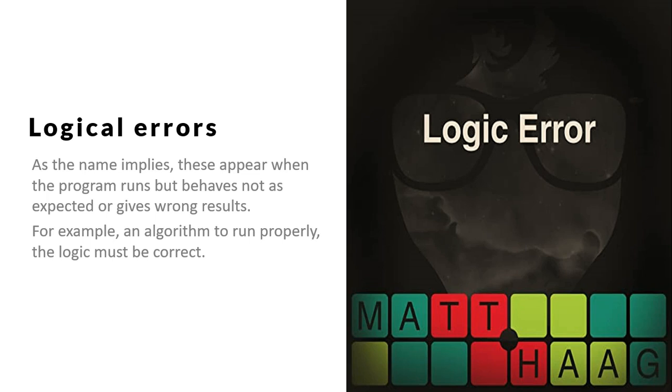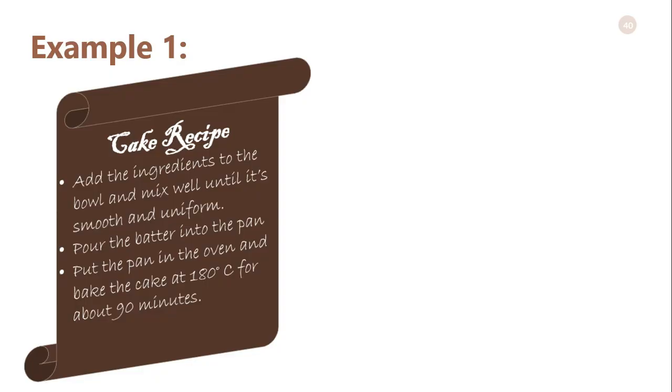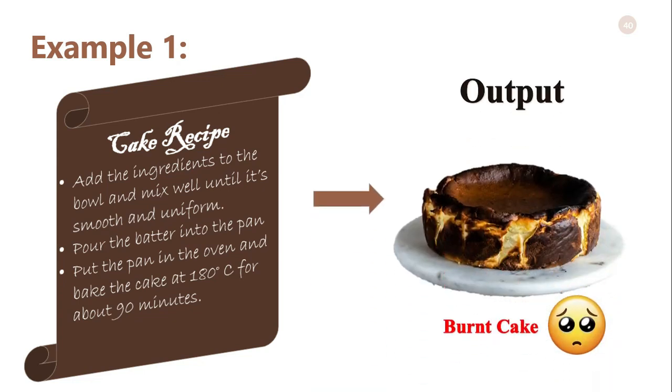For an algorithm to run properly, the logic must be correct. We'll take this cake recipe as an example. Here in this recipe, first you have to add the ingredients to the bowl and mix well until it's smooth and uniform. Pour the batter into the pan. Put the pan in the oven and bake the cake at 180 Celsius for about 90 minutes, which will give you this, a burnt cake.